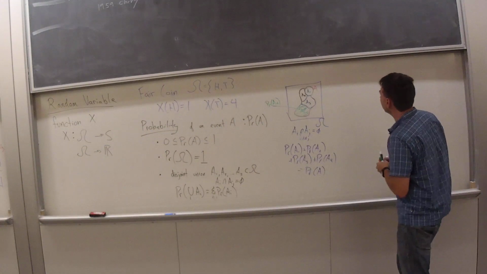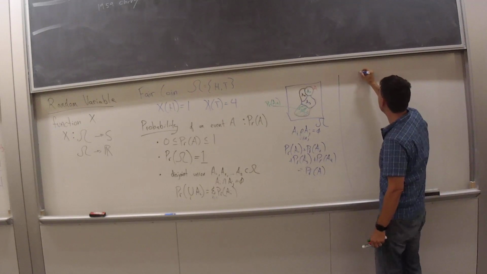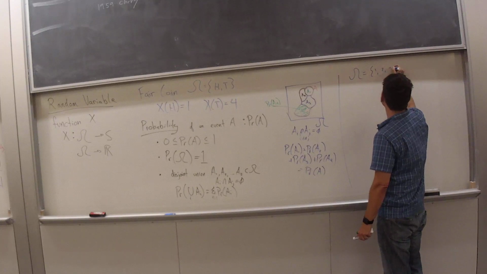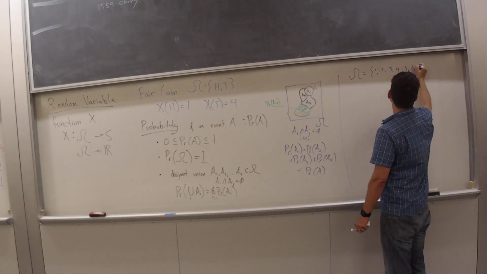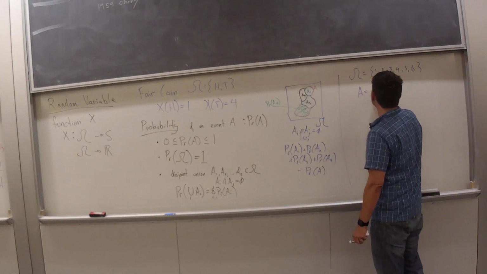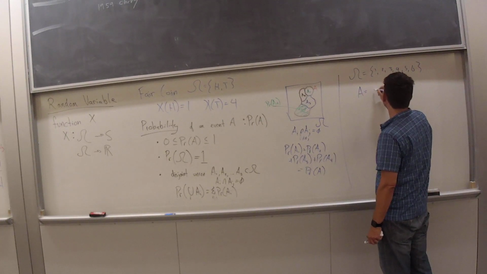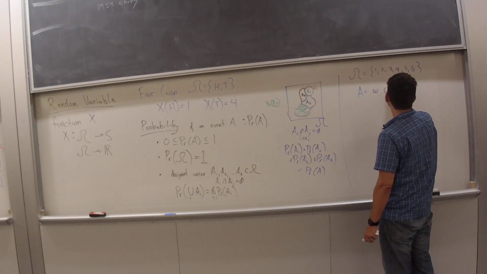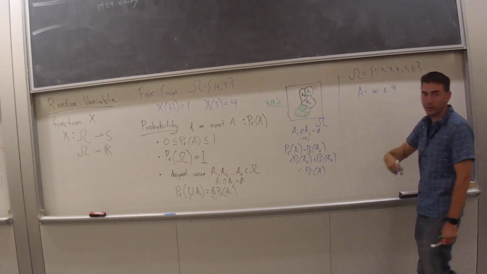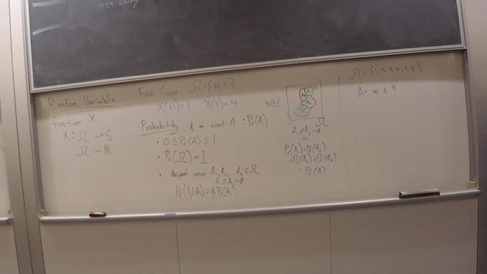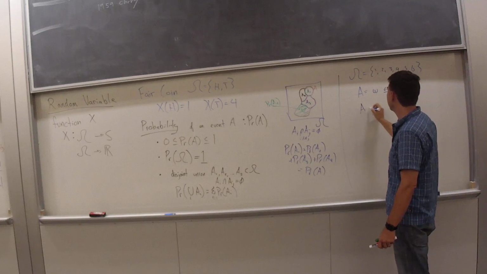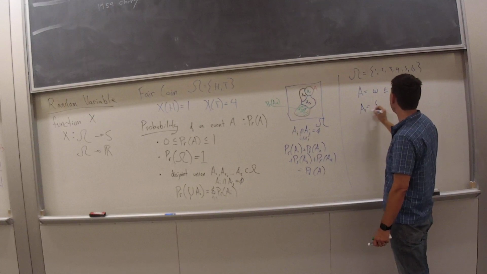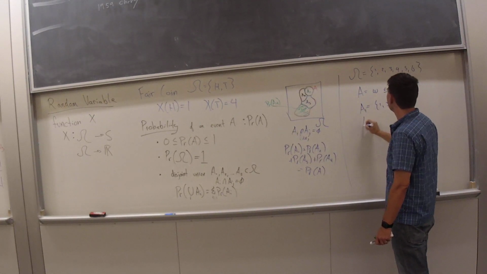Another example would be if I have a die, 1, 2, 3, 4, 5, 6, and I say that A is the event that the outcome is less than or equal to 4. So I roll the die and the value is less than or equal to 4. I'm going to have two events, the odd and the even less than 4. So A1 is going to be {1, 3}.